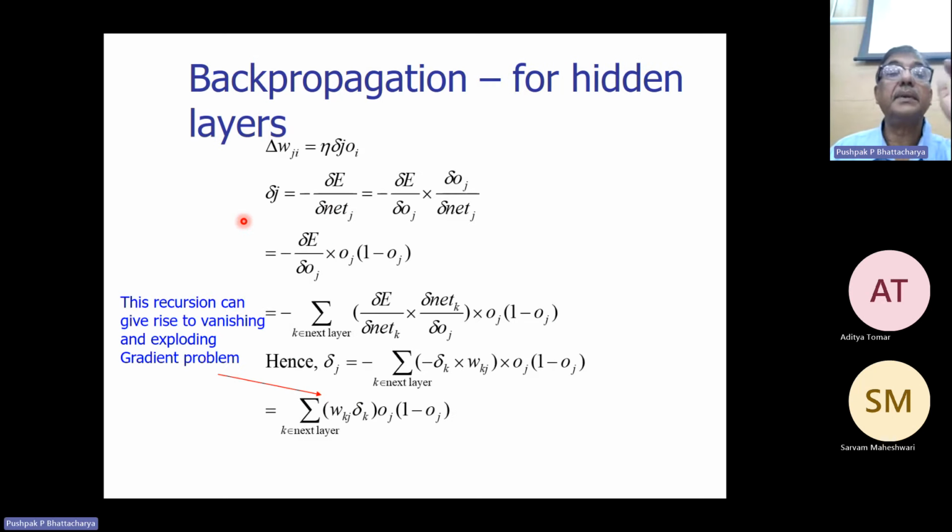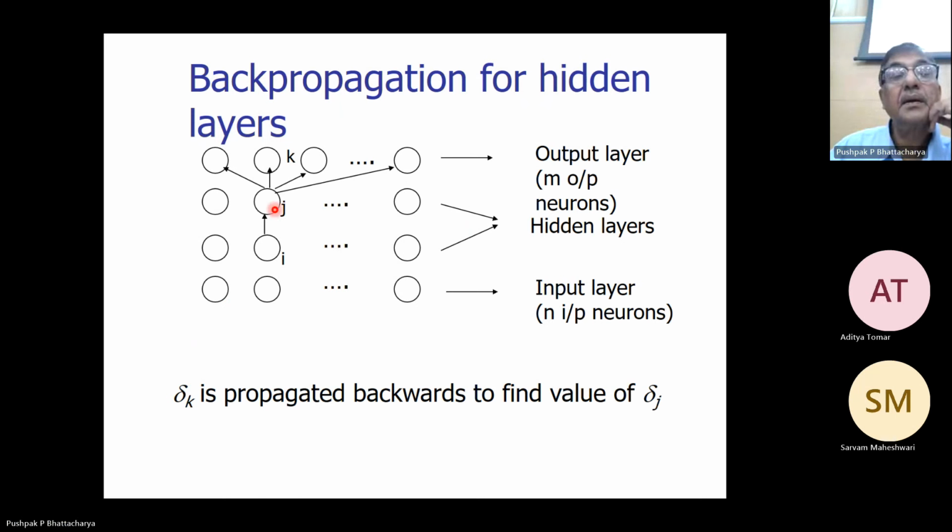So let's see. dE by d net j is converted to dE by dOj into dOj by d net j. What is this quantity? dE by dOj is with respect to the output of the jth neuron.